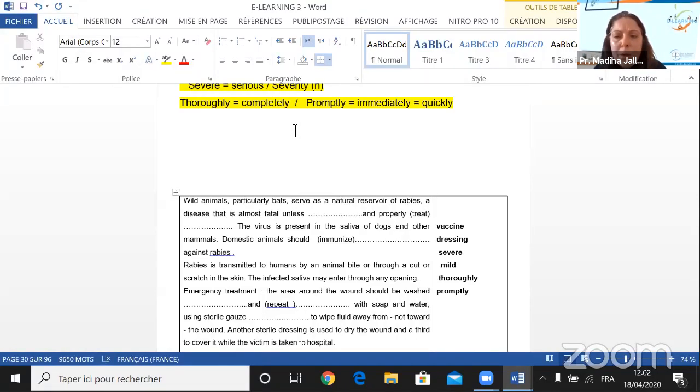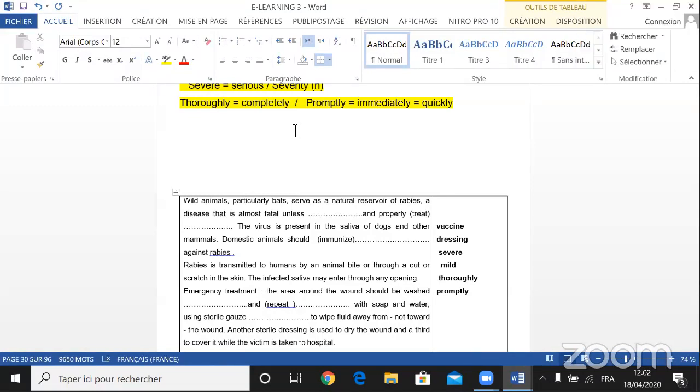Promptly, do you remember the word? Prompt medical assistance. What is promptly? When there is a medical emergency, you have to take action promptly. Fast.